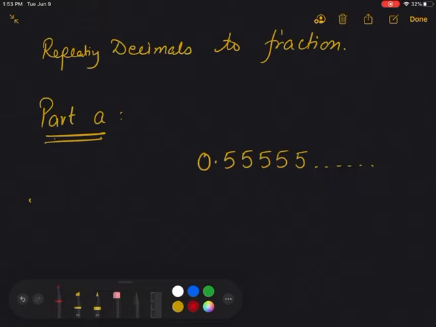So I'm just going to say this decimal is equal to x fraction. I don't know what fraction, so I'm just going to say it's some x fraction. So I set them equal to each other because this x fraction is the same value as 0.55555, right? So x is missing, so I'm just going to keep it as a variable.